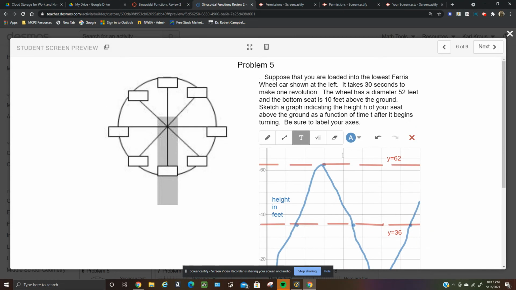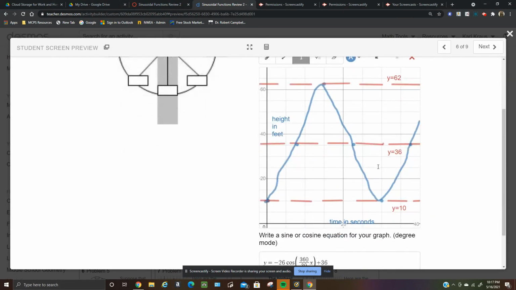And probably should label these points. So this one is (30, 10). This is (22.5, 36).